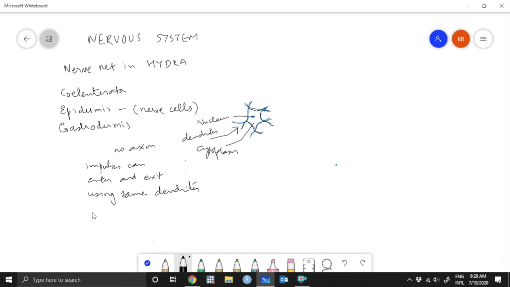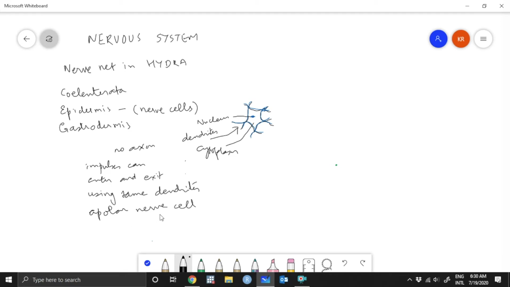So essentially it is a kind of apolar nerve cell.